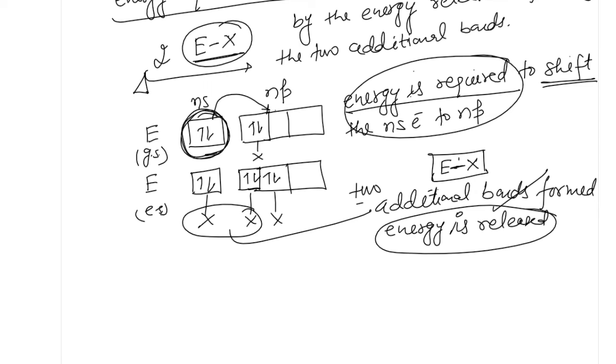So that's why it increases down the group. The same is the case in group 14: carbon, silicon, germanium, tin, lead.